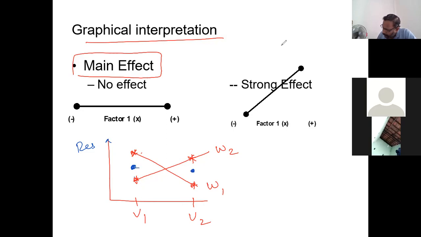If you connect these 2 lines, draw it very carefully. If that line is similar to this condition, which means it is parallel to the x-axis, basically, then we can conclude that there is no main effect.